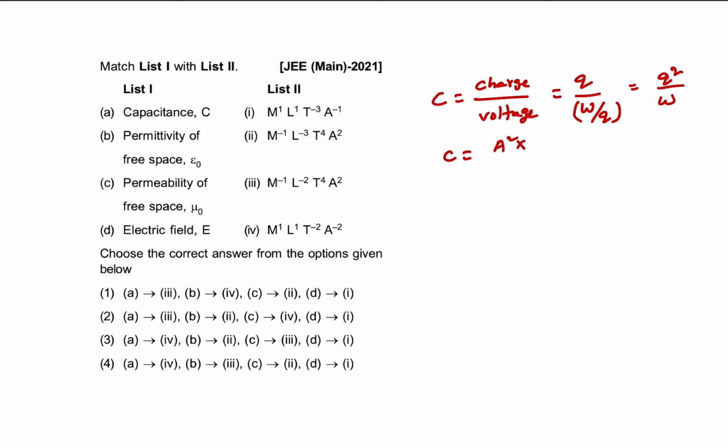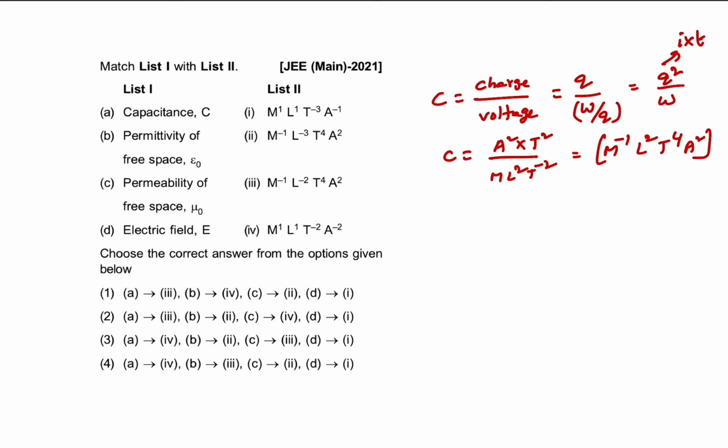Okay, C is equal to, actually you can write it as I²T², current into T. Charge is nothing but current into time taken. So A²T², and work done is equal to ML²T⁻². You can write the dimension of this value as M⁻¹L⁻²T⁴A².